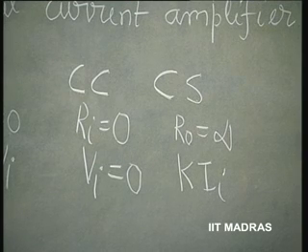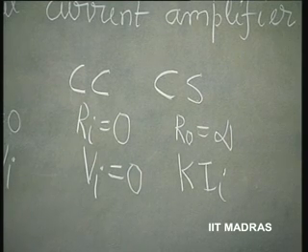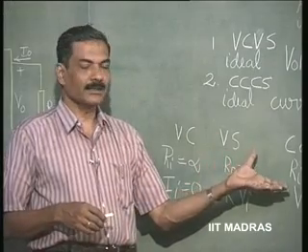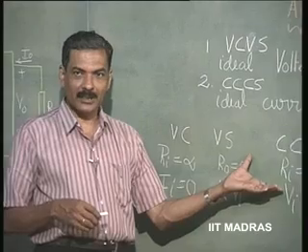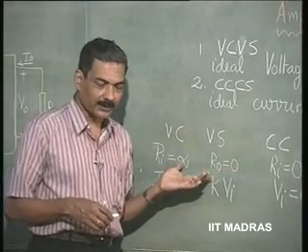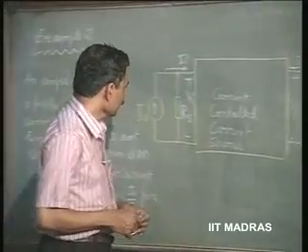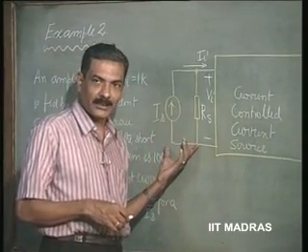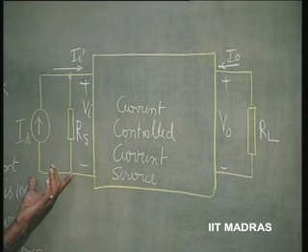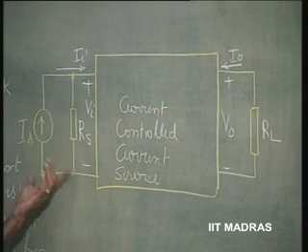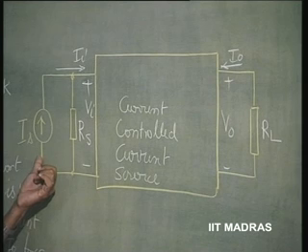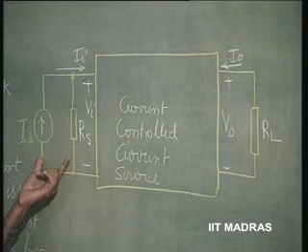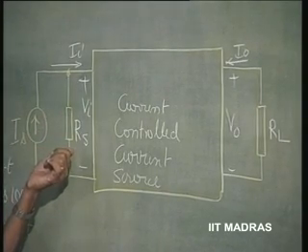We said that in practice obviously we cannot have any of these ideal amplifiers. We have to know how we can recognize an amplifier as a current amplifier or as a voltage amplifier in practice. In practice we have a non-ideal source, which can always be represented either as a voltage source in series with the resistance Rs, or as a current source Is, which is nothing but the short circuit current in the voltage source representation, with a shunt resistance of Rs.